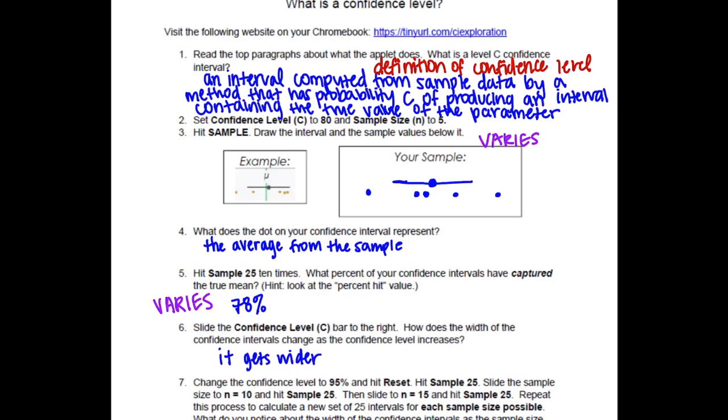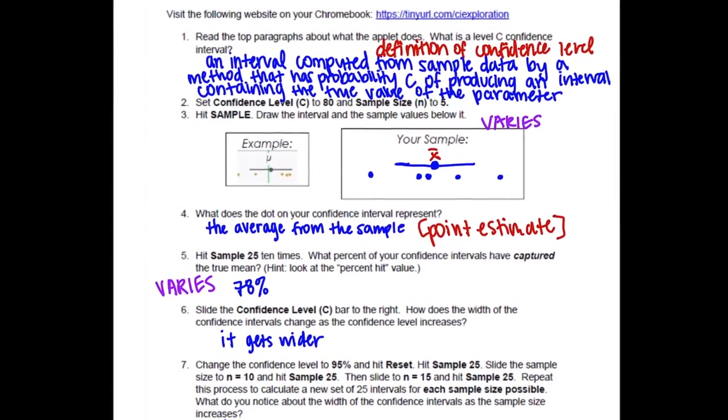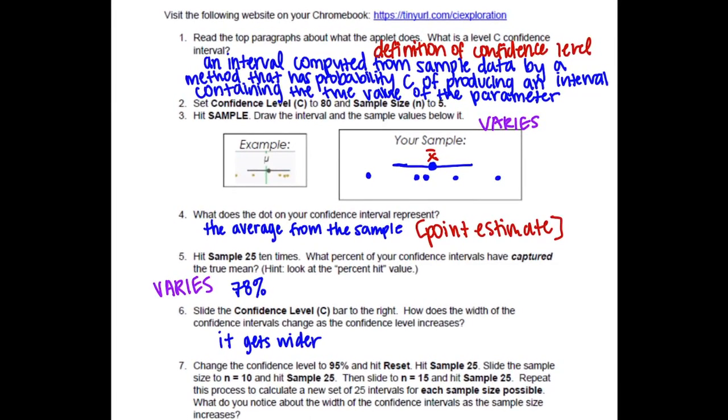For number 4, that dot in the middle was the average from the sample, which is another, remember, that's our point estimate or our statistic. Those are synonyms. So that value was x bar from the sample. That's the point estimate or the statistic.